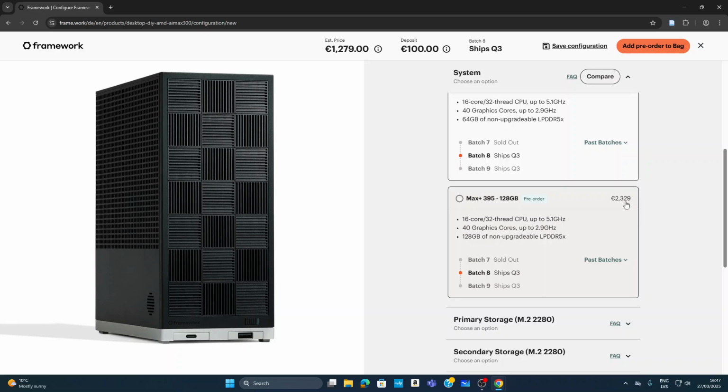So in a way, this company, Framework, I wouldn't say betrayal, but they kind of went away from the mission. They saw this idea that they could build a very powerful machine for the sole task of running local models. So if you need to run local models, this looks like the machine to beat.